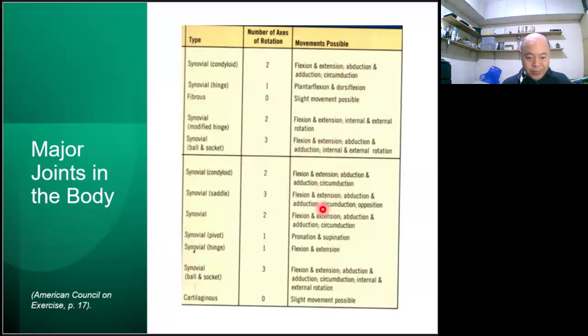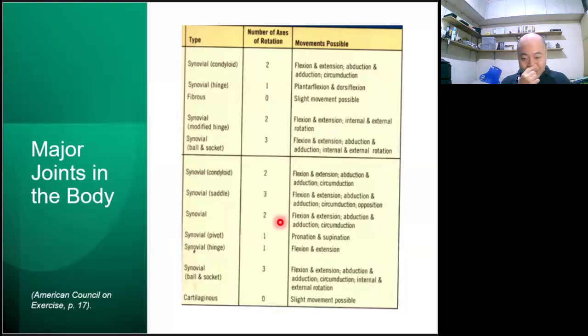Let's take an example. If we look at these two examples, the fibrous and the cartilaginous articulations, again, articulations where the bones meet, we can see that there are no axes and movement is slight. How is that? For example, the bridge of the nose. You can't really move your nose.